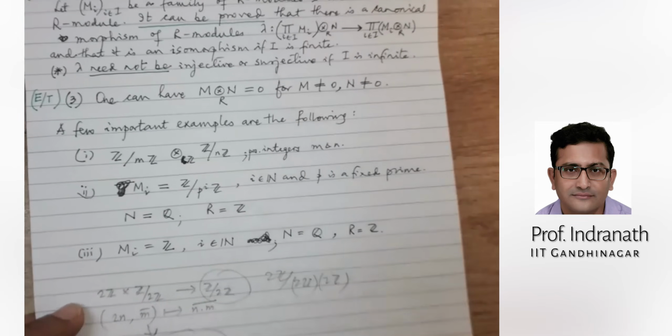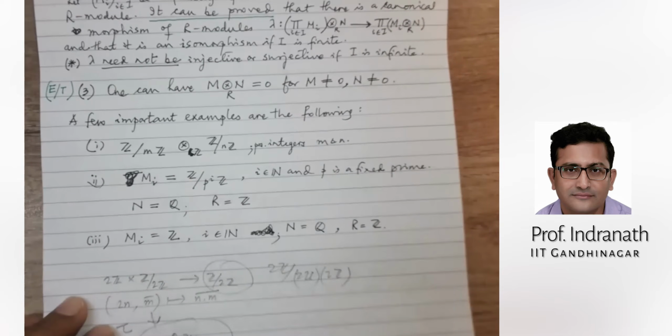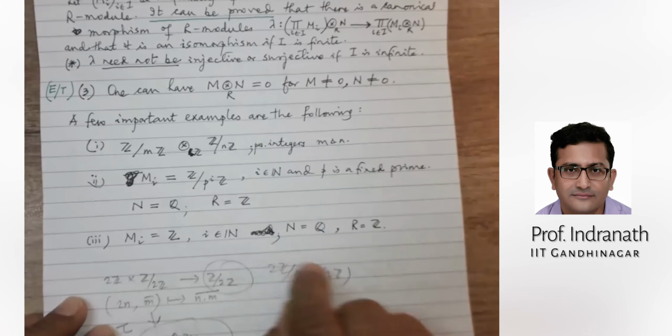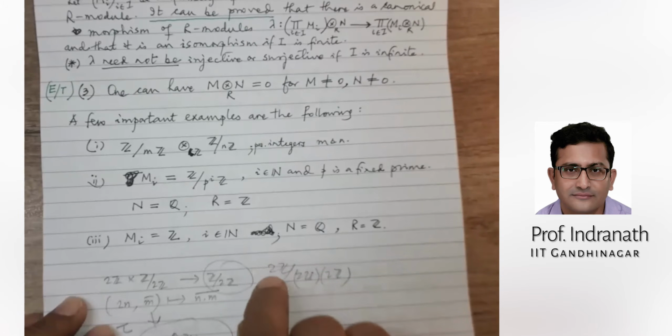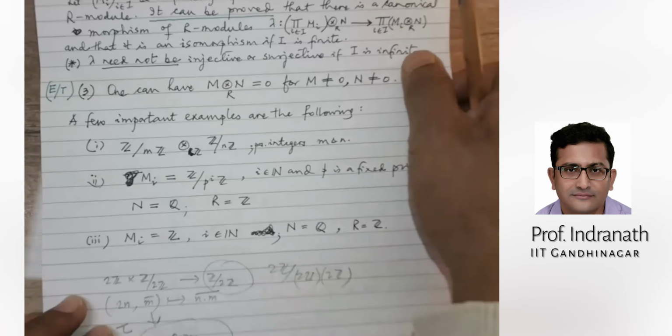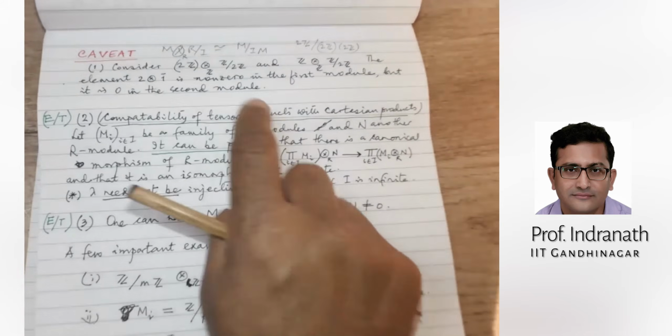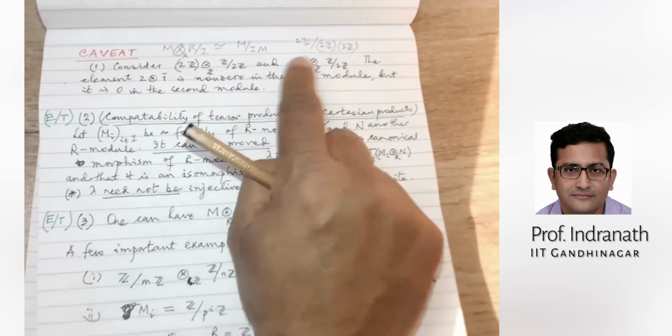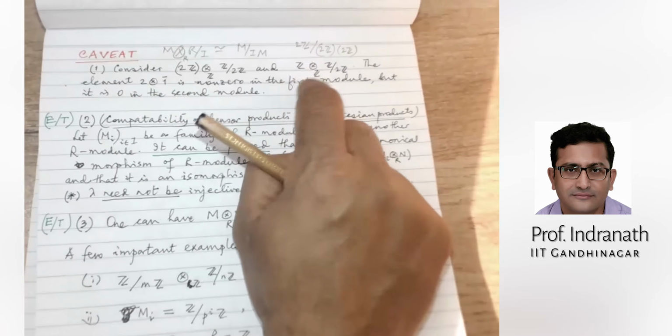Here you are not able to push the 2 out of the picture, that is the main thing. So it comes into the quotient and 2 remains as it is. On the other hand, that is not the case here. Here you will be able to push 2 out, and therefore once you have this, you will have Z mod 2Z.